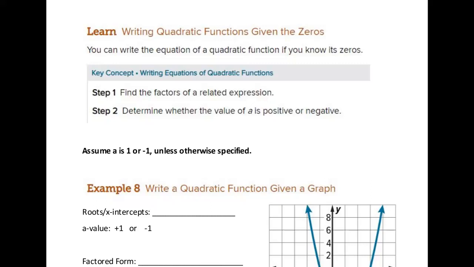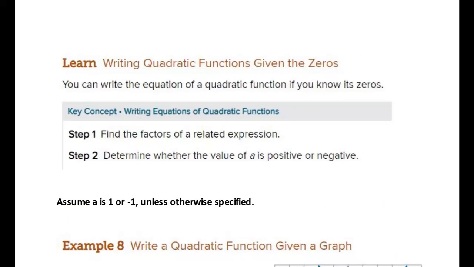All right. So now we're going to write functions given the zeros. Remember, the zeros is just another word for your x-intercepts. So when they give us the x-intercept, can we write the function? And we can.